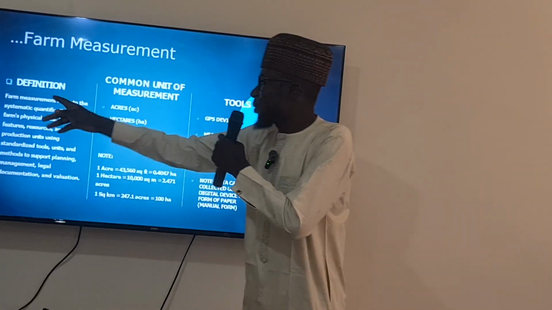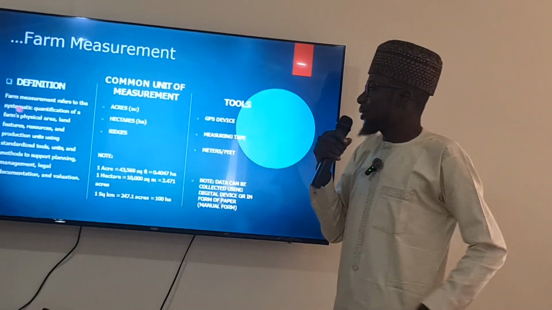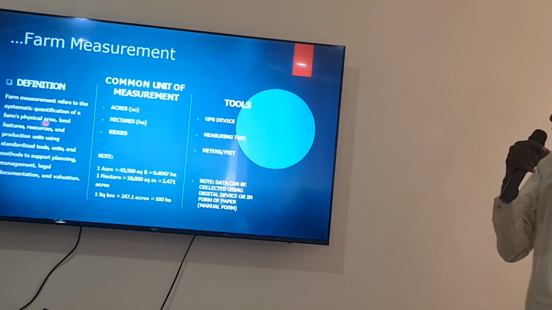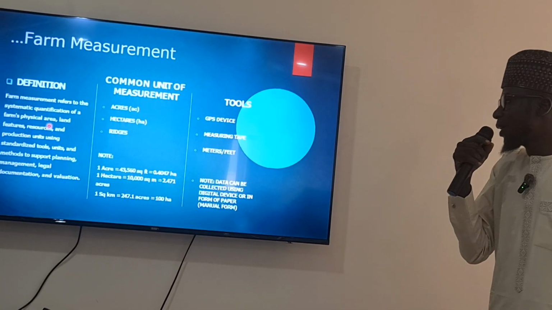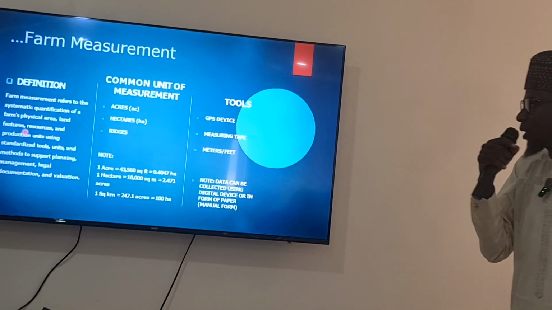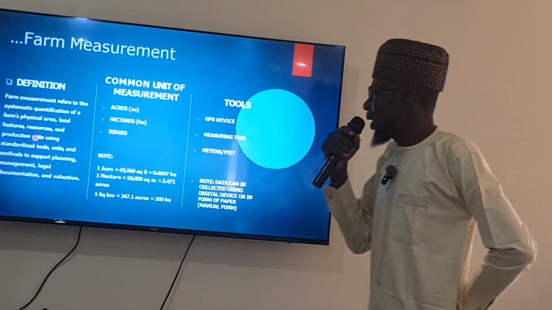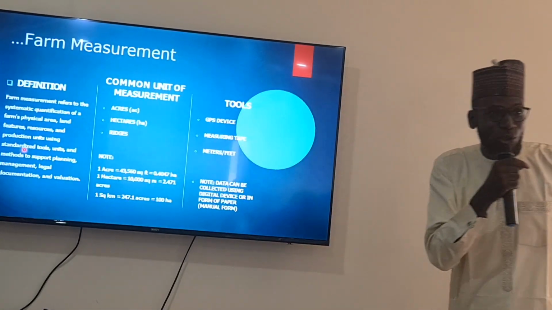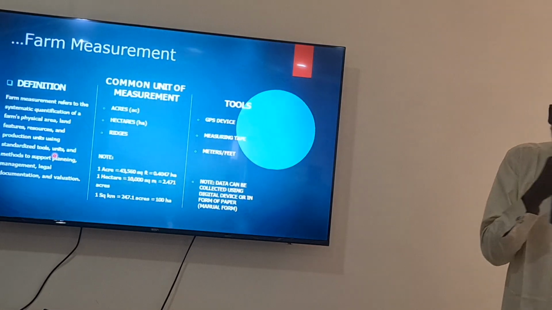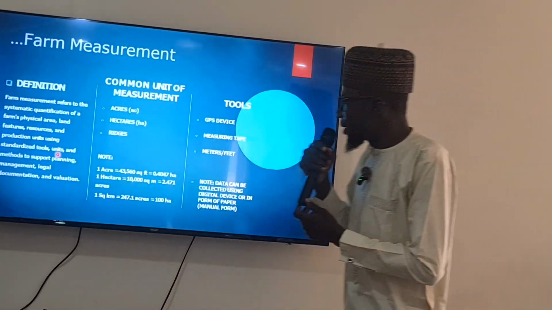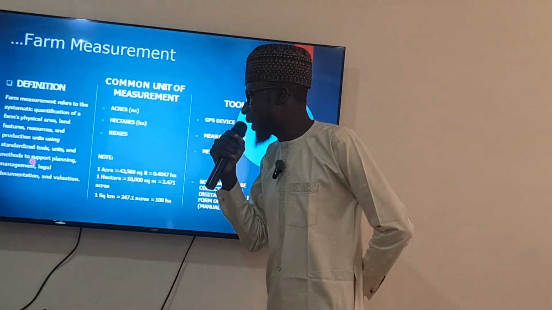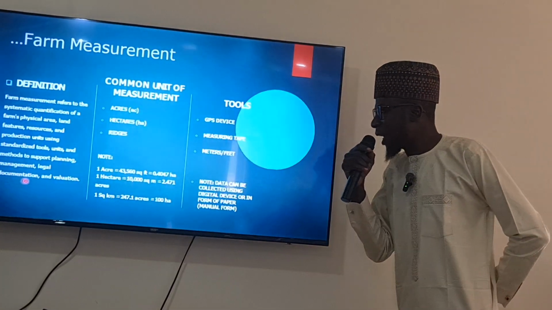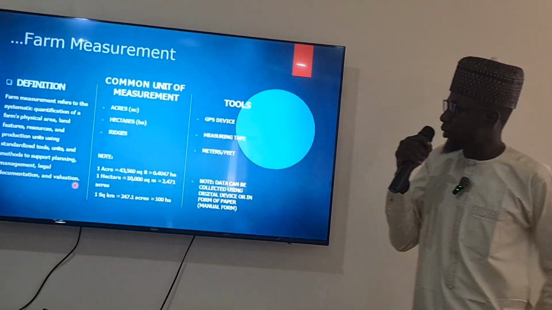This is the definition. Farm measurement refers to systematic quantification of a farm's physical area, land features, resources, and production units using standardized tools, units, and methods to support planning, management, legal documentation, and valuation.